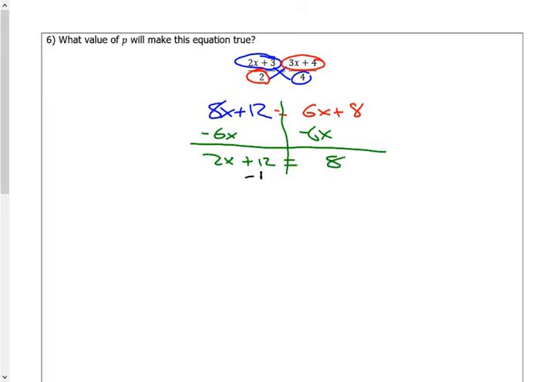And subtract 12 from both sides. And divide by 2. X is -2. Don't forget, we can still use our calculator as well. Y1, Y2, and go ahead and solve it that way. Either way is fine.